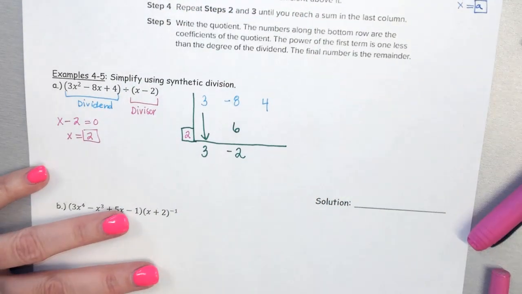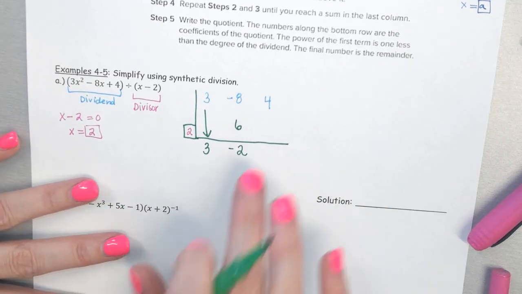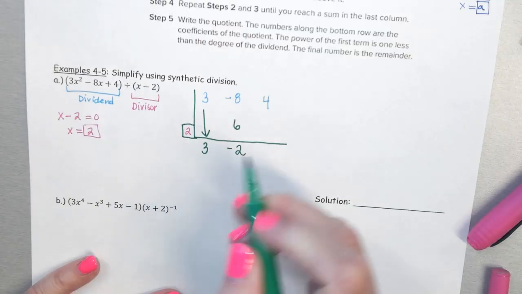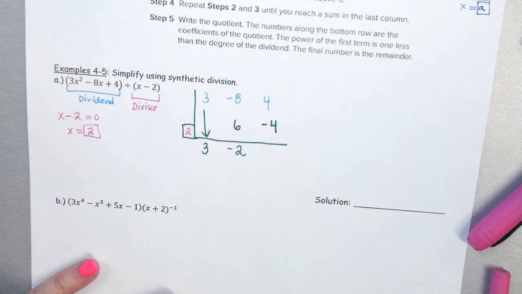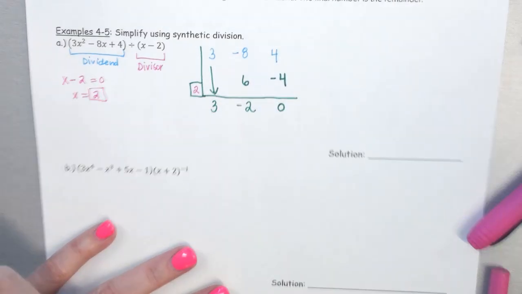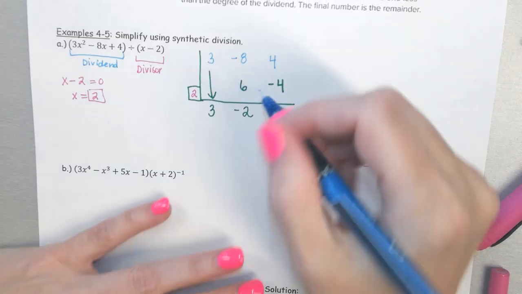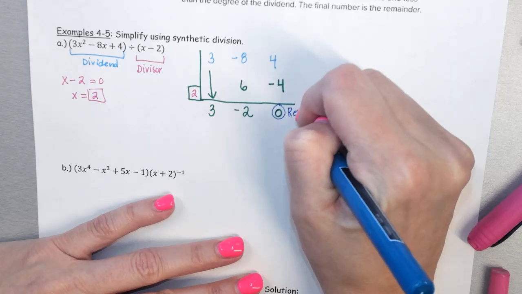That was our step 3. Then you are just going to repeat those steps until you reach the last column. So negative 2 times 2 is negative 4. Add straight down, you get 0. So then this last number here is your remainder.